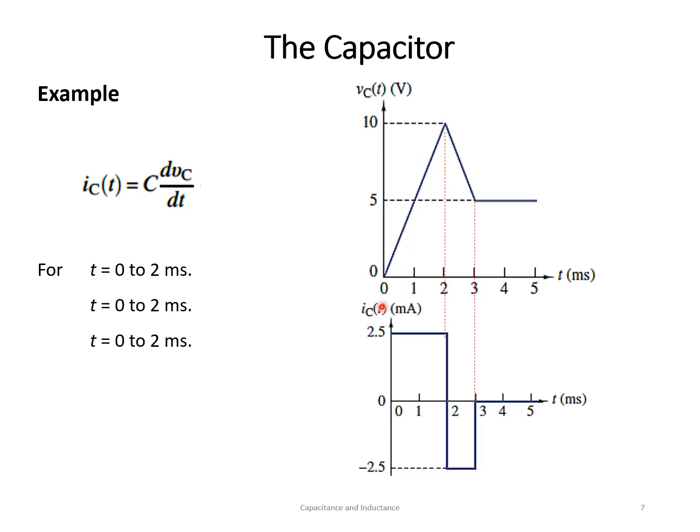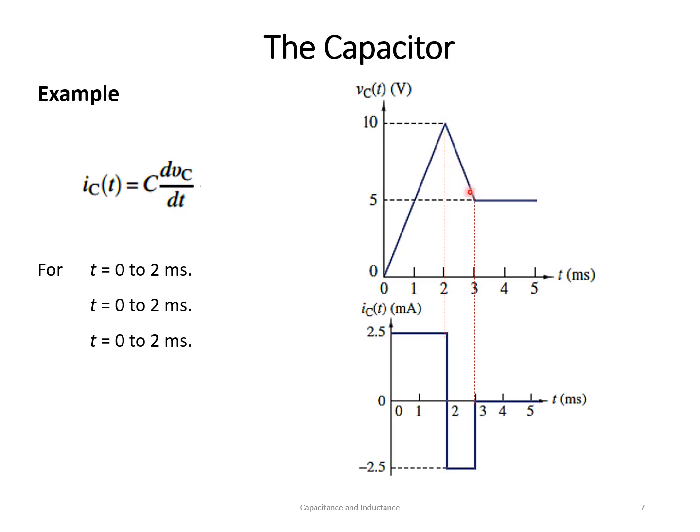So 10 minus 0 is 10, divided by 2 millisecond. Then we multiply it by the value of the capacitor, which is not shown here, I missed that. See the textbook. Knowing the capacitance, then we can find the current.